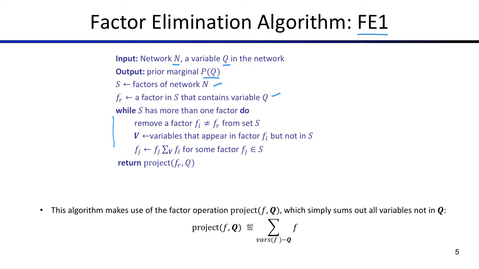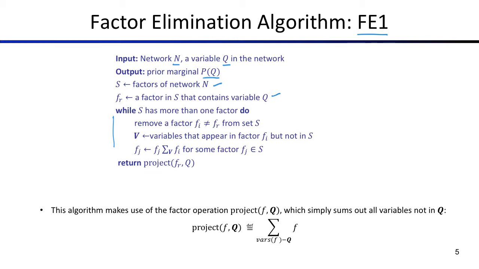So the idea is to continue this loop while S has more than one factor. So I'm going to eliminate all the factors until we have just one factor that's going to be FR. In this case, we're going to return the marginal P of Q by eliminating all the variables that we have in FR but Q.